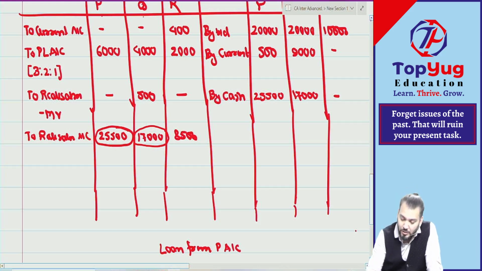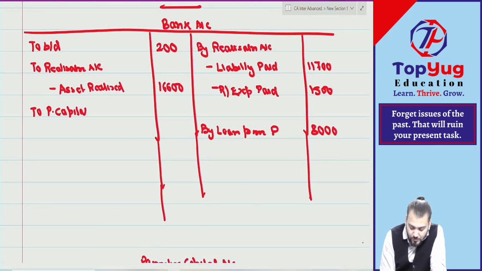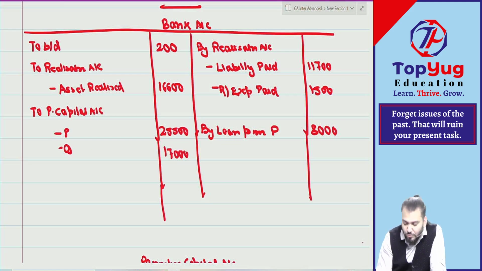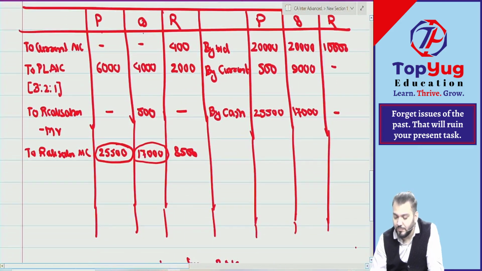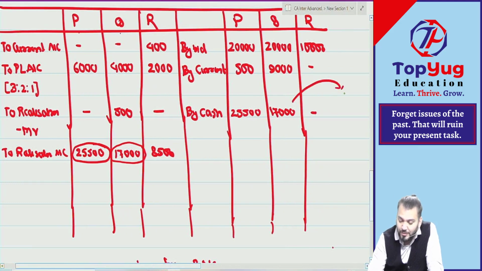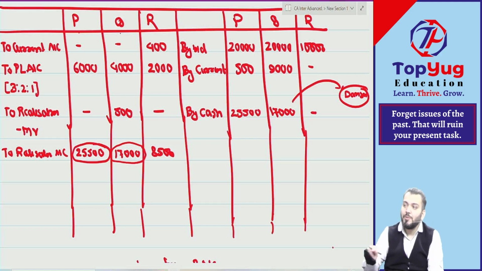So we'll write partners' capital account, P 25,500 and Q 17,000. Normally students miss this point. You will forget this point in the exam. It is dangerous from an examination point of view. I have seen students know this point, but in a hurry they miss it. So equal to share of realization loss, the solvent partner will bring in cash.